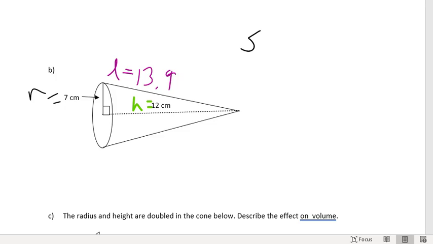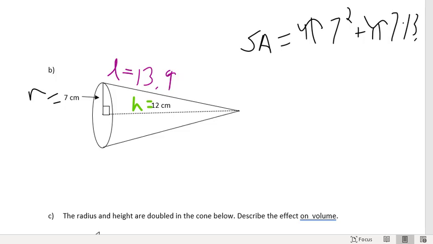So surface area, we can plug it in, pi R squared, so 7 squared, plus pi times R, which is 7, times 13.9, which is our L. Multiplying things through, 49 pi plus 97.3 pi.